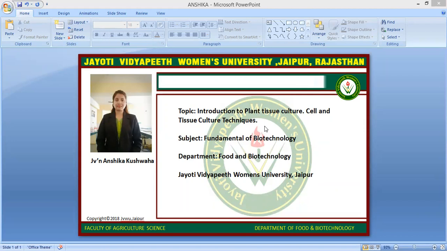Different techniques in plant tissue culture may offer certain advantages over traditional methods of propagation, and it includes the production of exact copies of plants that produce particularly good flowers, fruits, or have other desirable traits.